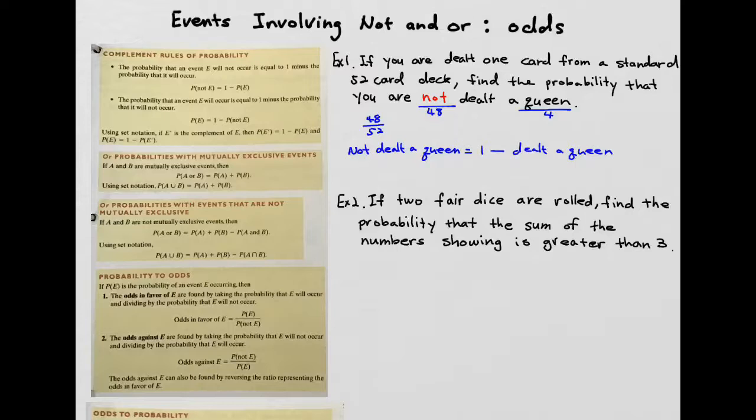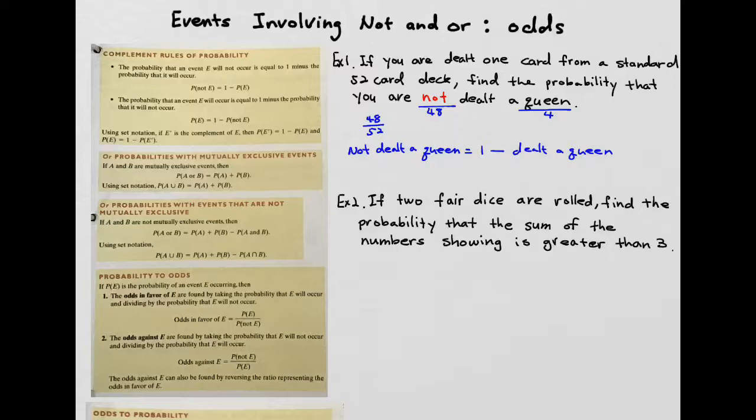Why do we do that? Because sometimes this number right here is way smaller than actually dealing with "not." You can see not was 48 versus 4.